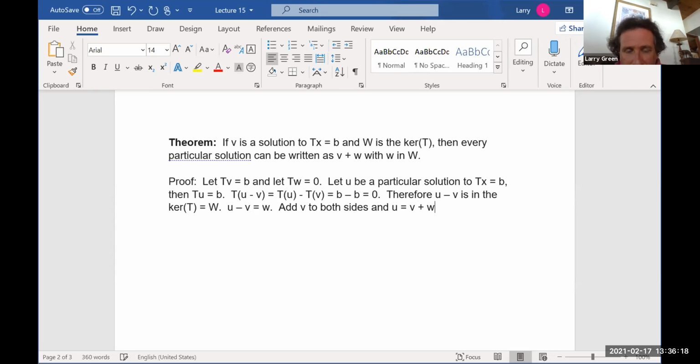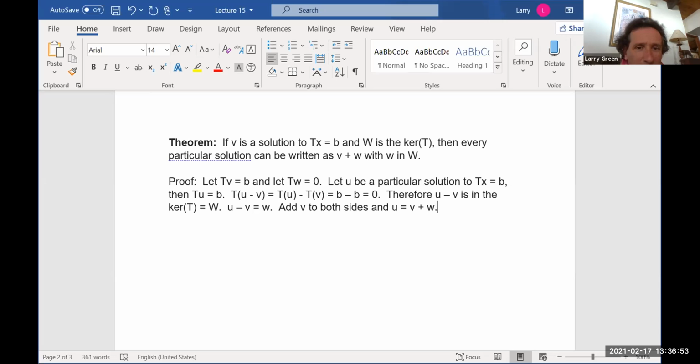And that's it. That's the theorem. That's the proof. Did I lose you? It's easy to watch, isn't it? But coming up with the proof is not as easy. In fact, I even had a plus instead of a minus at the beginning, and it's like, oh yeah, I want it to be minus because I need to get 0 when I'm done. So I changed it. Any questions at all on this proof?